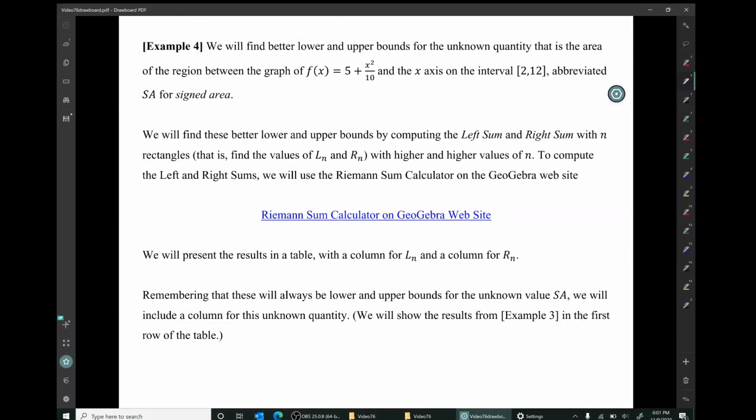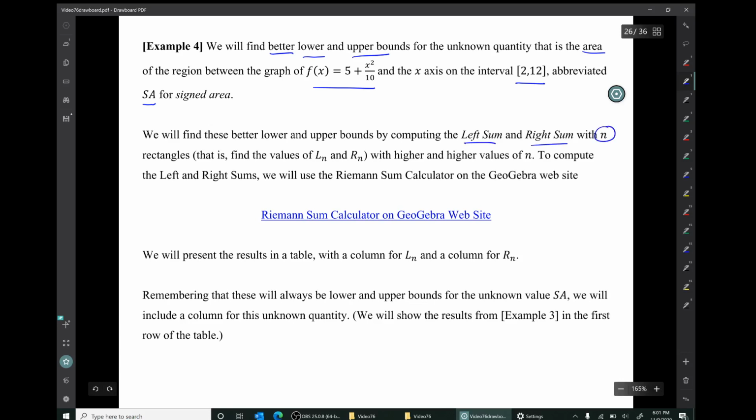So in example 4, we'll find better lower and upper bounds for the unknown quantity that's the area of the region between the graph of this function and the x-axis on the interval from 2 to 12. We abbreviate that SA for signed area. We'll find these better lower and upper bounds by computing the left sum and right sum with n rectangles.